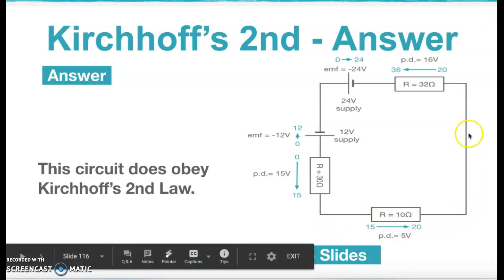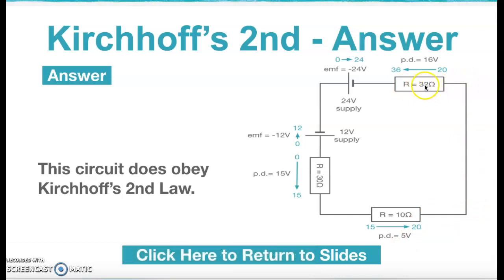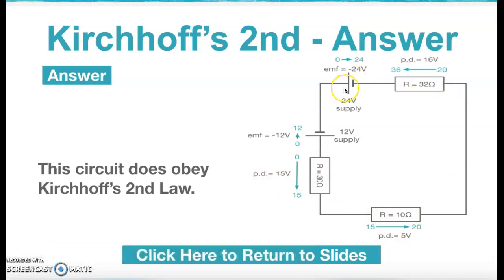And then I go through to the next one, and I find that the current 0.5 times 32 is 16. So I need to add those three up. 15 plus 5 plus 16 gives me 36. So yes, this does follow the second law.